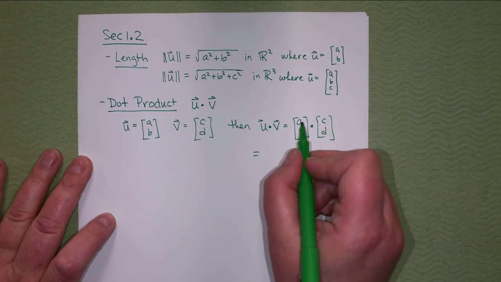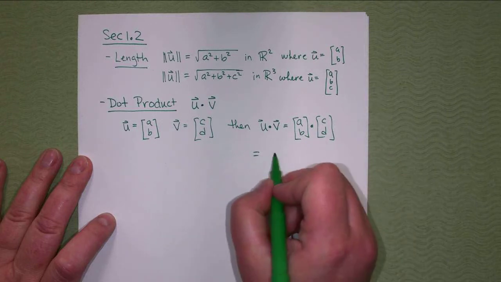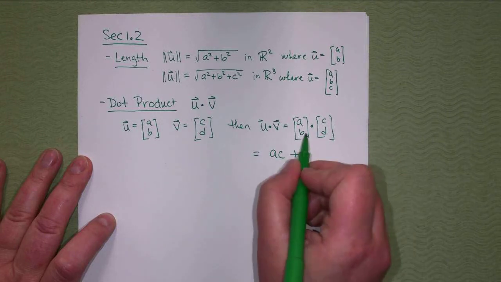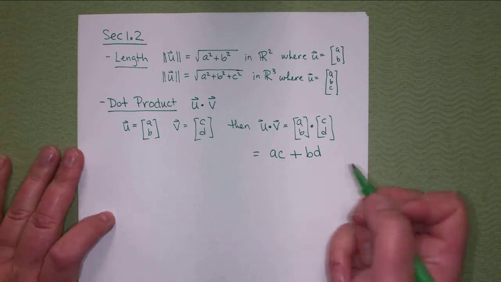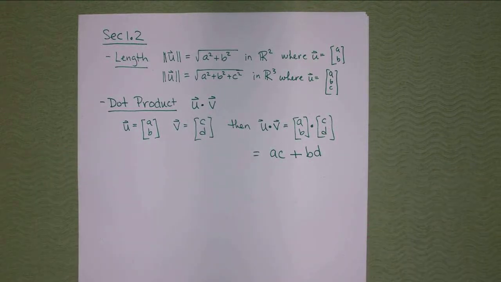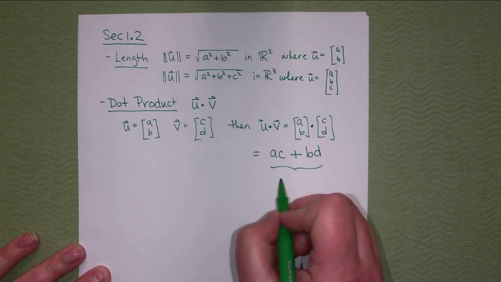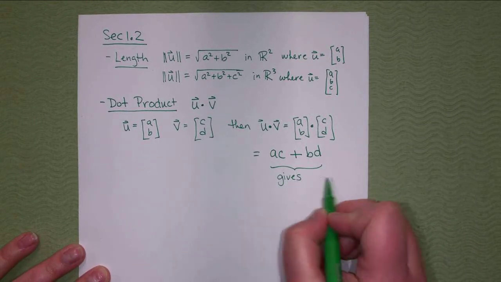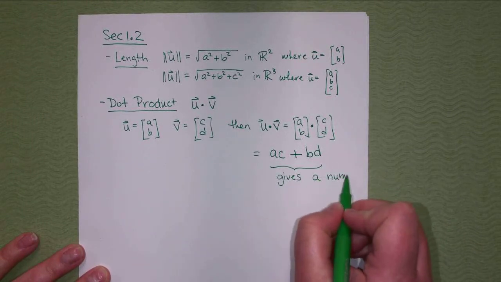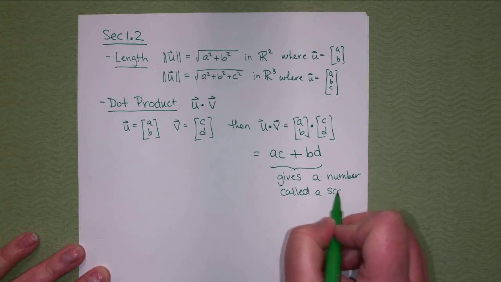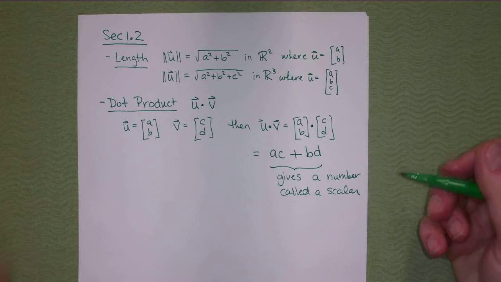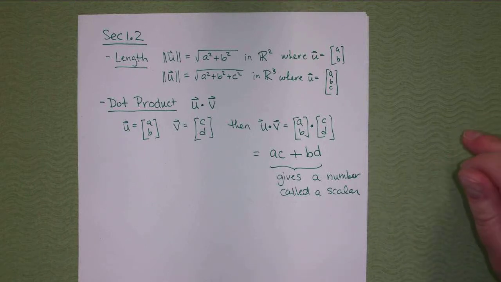So you would multiply a times c, and then you would add b times d. And notice I don't have a bracket around there because that is going to give you just a number, which we would call a scalar. Like scalar multiple, right? Remember we said a scalar was a real number? So it gives a number.